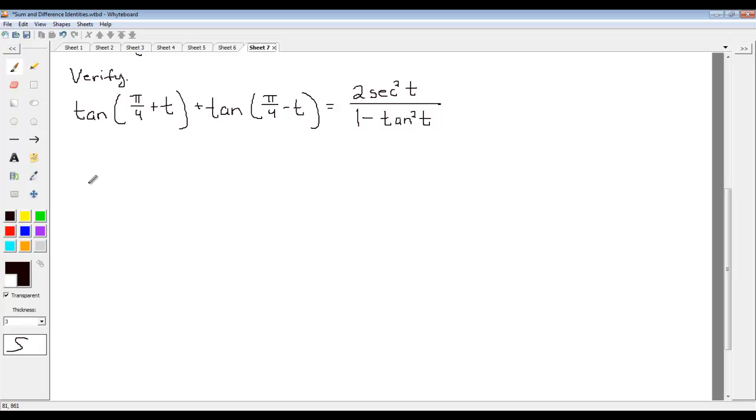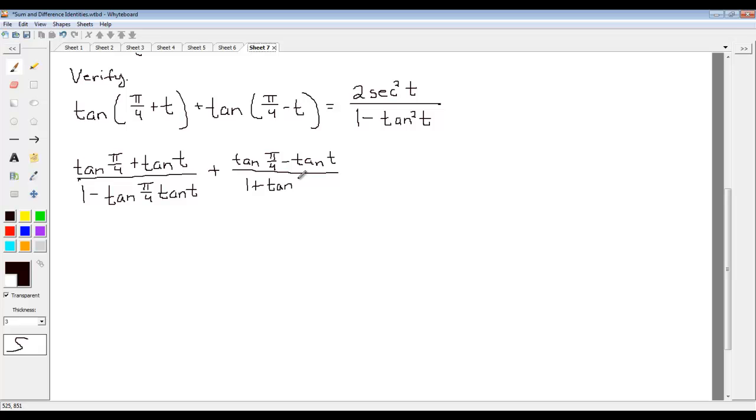I have tangent of a sum, tangent of pi over 4 plus t, so let me rewrite that: tan pi over 4 plus tan t over 1 minus tan pi over 4 tan t, plus, and then this one's a tangent of a difference, so I got tan pi over 4 minus tan t over 1 plus tan pi over 4 tan t.